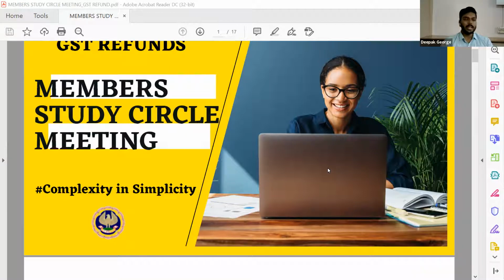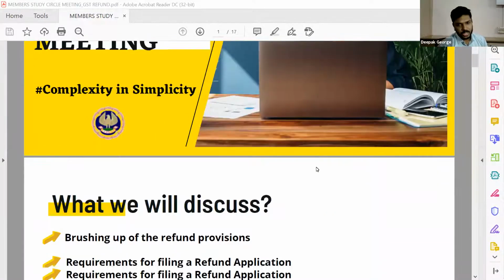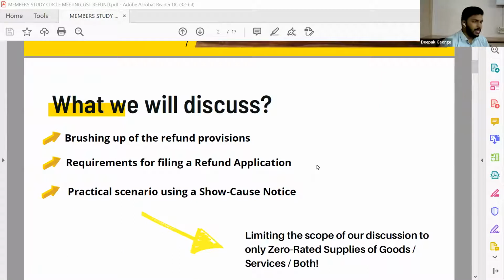But at the same time, the amount of time and effort that goes into filing a refund application for a small or a big service or goods exporter is quite cumbersome. And that is why it is already complex. So in the second part, we will come across the requirements of filing a refund application.